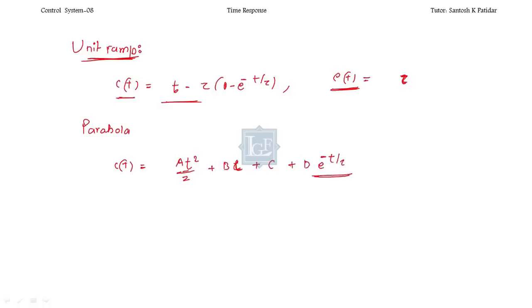So this is the transient term, and all these are related to the system response, correct? So this is all about the first order system. You give the input like unit impulse, unit step, unit ramp and parabola, you get different outputs. We have seen all outputs, and with this we have seen the errors also, correct?